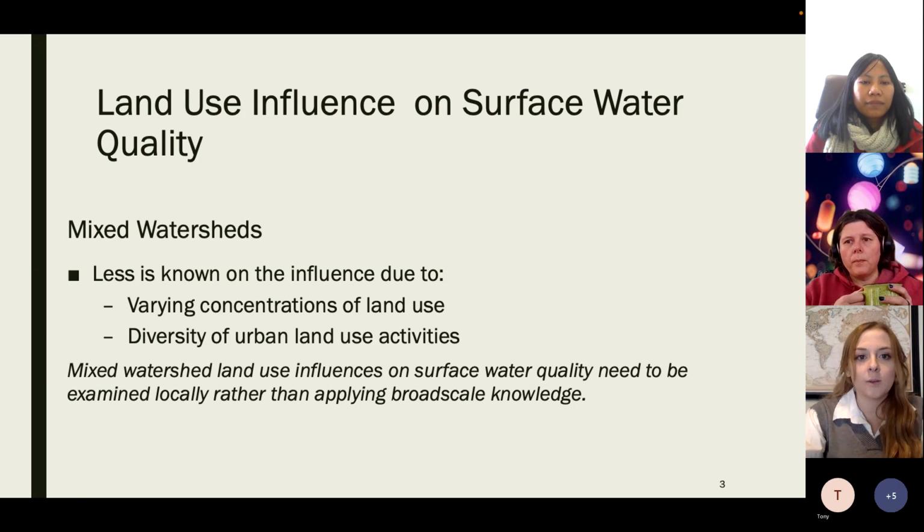So when we're trying to determine which land use has the dominant influence in a mixed watershed, we really have to look at the watershed locally rather than applying this broad scale knowledge of what urban land uses do and what agricultural land uses do.